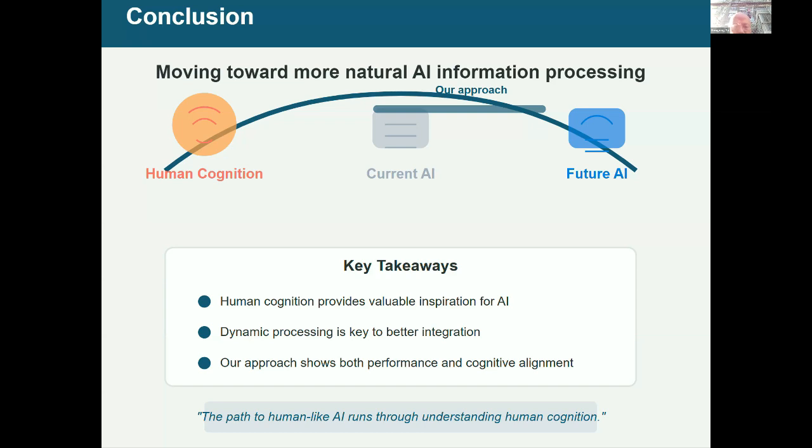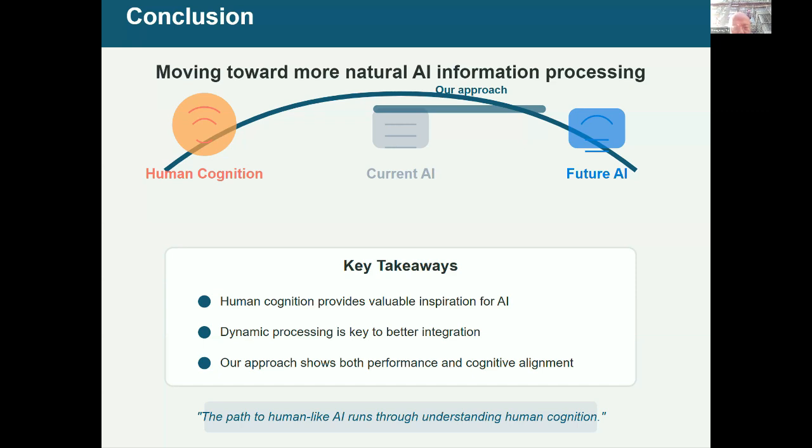By incorporating dynamic, hierarchical, and aligned token representations, our DCMT framework achieves both improved task performance and greater cognitive plausibility.